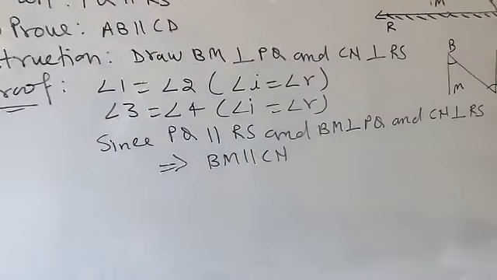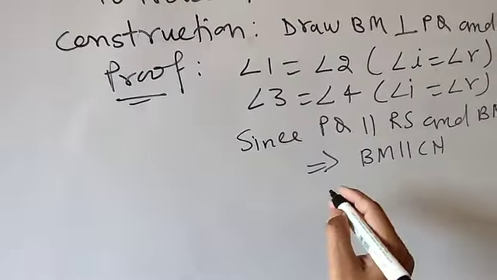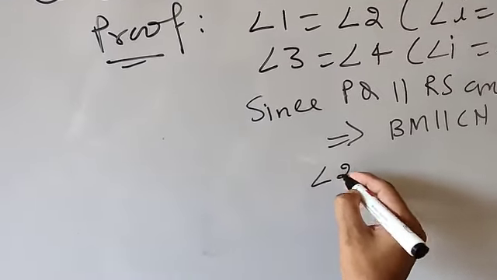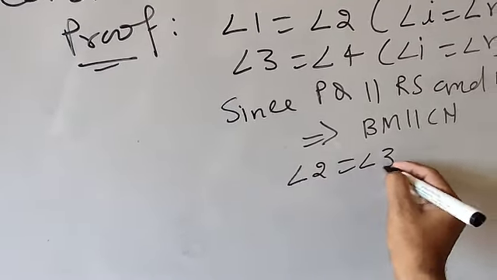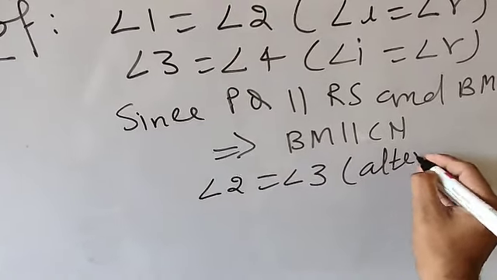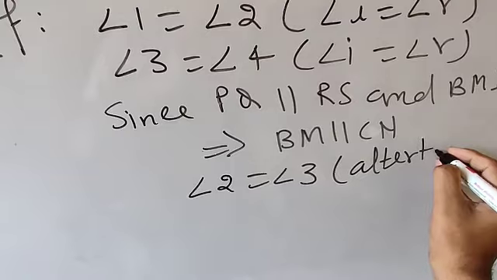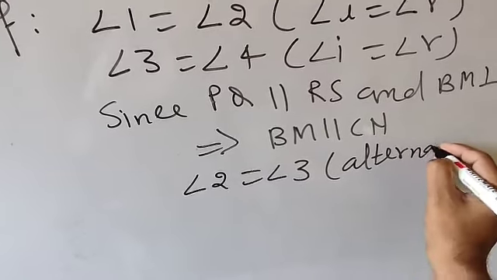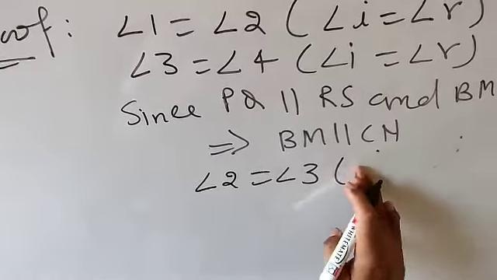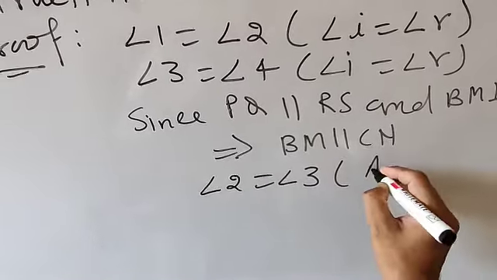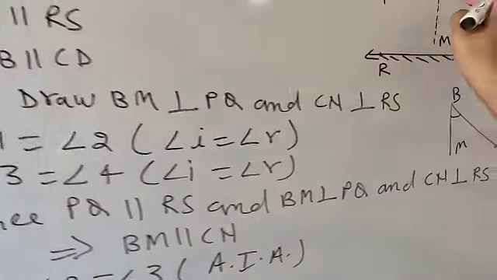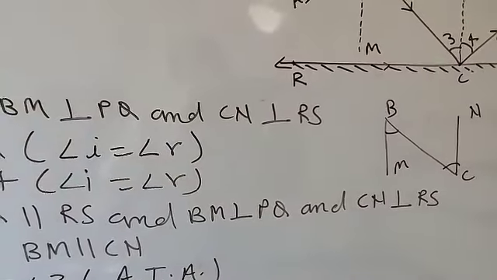So we can write, if BM parallel to CN, angle 2 equal to angle 3, alternate interior angles.